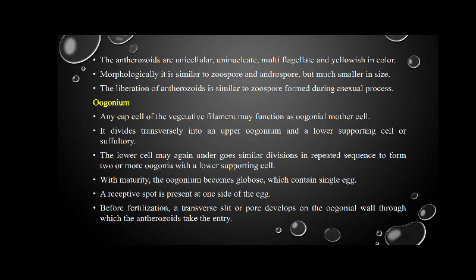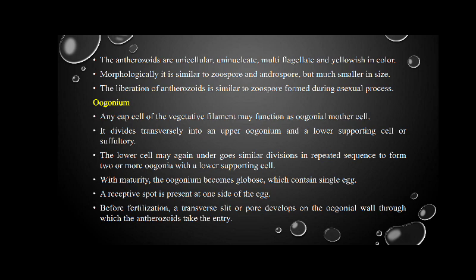Thus, 2 androzoids are produced from each androgonium. Androzoids are uninucleate, unicellular, multiflagellate and yellowish in color. They are morphologically similar to zoospores and androspores but smaller in size. When mature, the androzoids are liberated, and just like zoospores, they swim in water for some time.